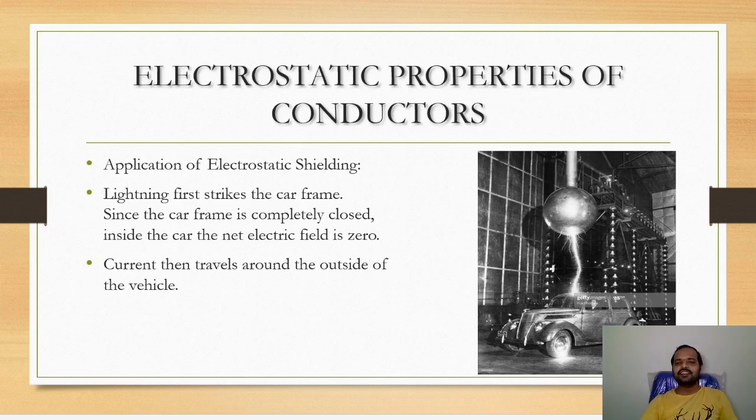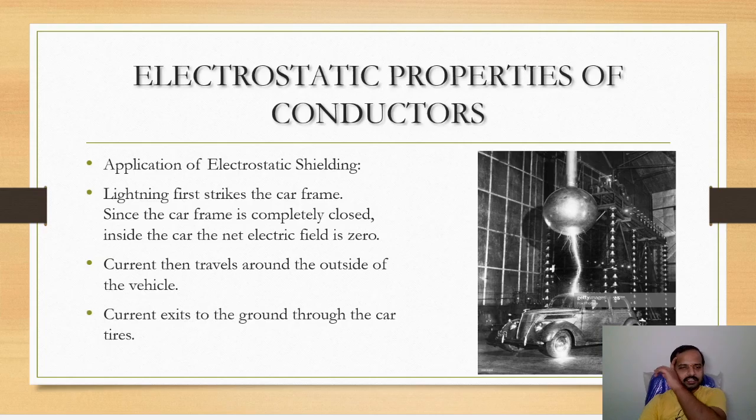Next, whatever the charges are actually induced onto the outer frame of the car, now they will form a current due to the grounding effect. That is, since the car is in contact with the ground, the charges will start moving on the outer frame of the vehicle, thereby constituting a current. Finally the current actually starts moving to the ground, that is the charges get earthed over there.